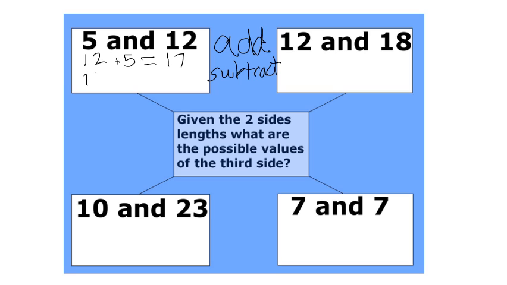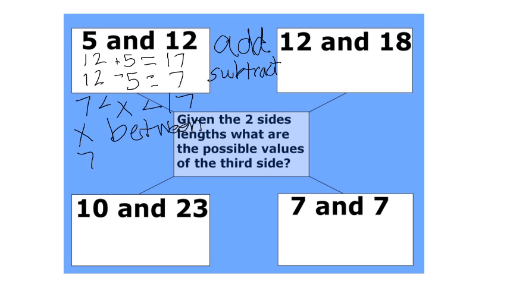And if we subtract them, make sure you subtract them in a way that you don't get a negative number. So you go big minus small. You get 7. So x would be less than 17 or bigger than 7. Or you could say third side is between 7 and 17. Use that word between.